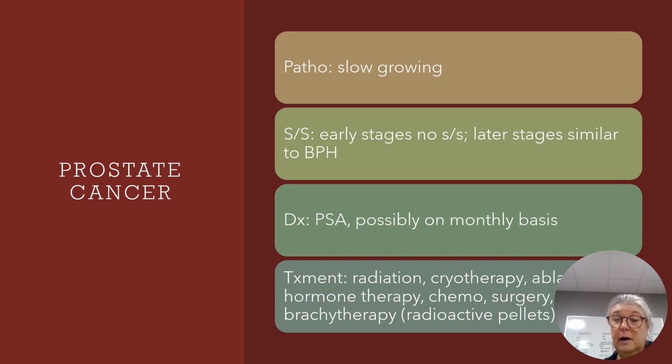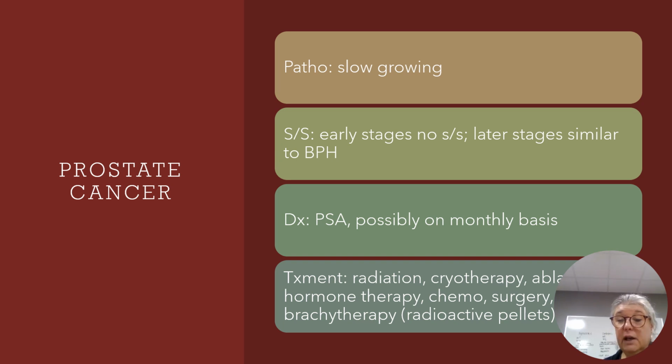All right, talking about prostate cancer now. Prostate cancer is globally one of the most commonly diagnosed cancers in male populations. Patho-wise, it's a slow-growing cancer. There's a lot of discussion about whether or not treating prostate cancer outweighs just letting it do its thing because it's so slow growing.